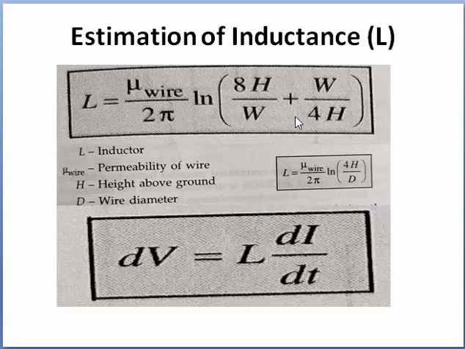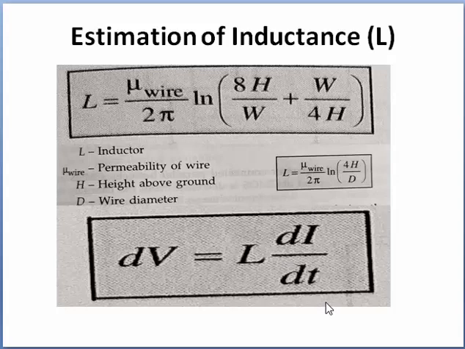So it is very important to note that when calculating the inductive spikes, the inductance of a wire plays an important role. An inductive spike occurs because a large current is flowing through a wire in a small period of time. We may write down the voltage change: change of voltage is equal to L into di by dt, that is the rate of change of current with respect to time.